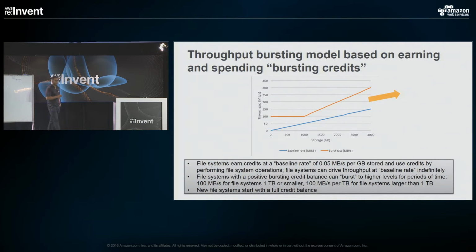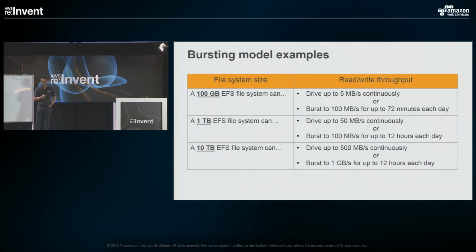Now, the burst rate from 1 gigabyte to 1 terabyte is constant at 100 megabytes per second. But then after 1 terabyte, it starts to grow along with the size of the file system. So essentially, what this means is that as you start adding more files to your file system, the performance proportionally grows as well. Okay? Now, every bucket comes with 2.1 terabytes of burst credits, and so you have plenty of room to do workloads even if your file system size is in the gigabytes.